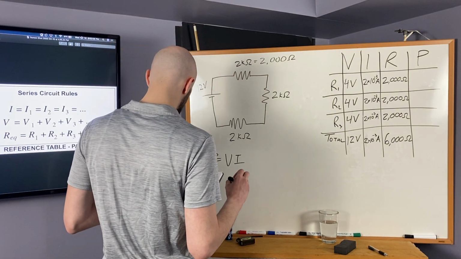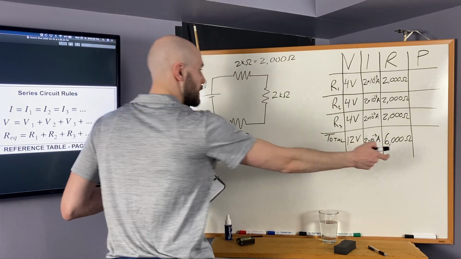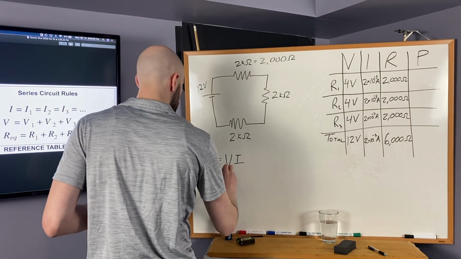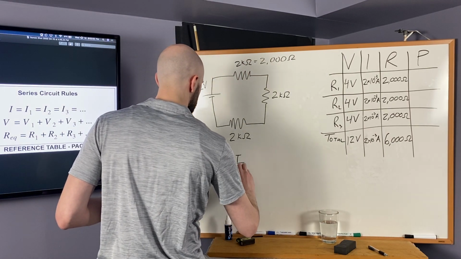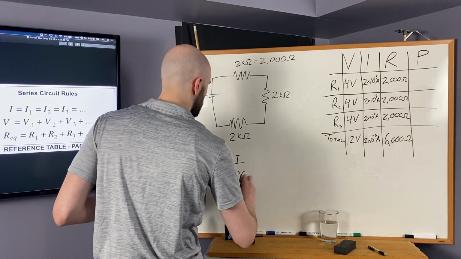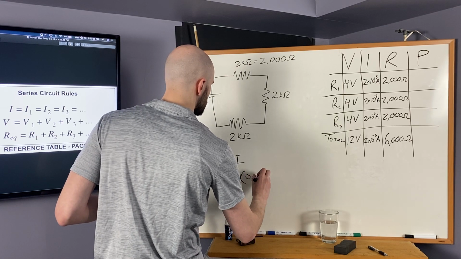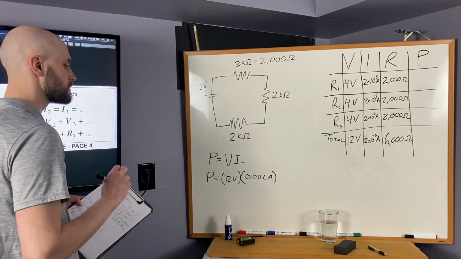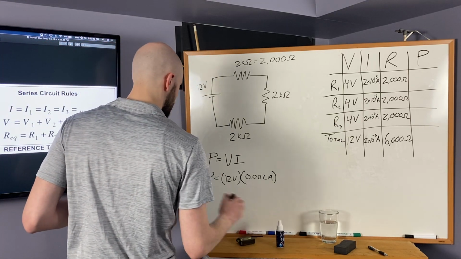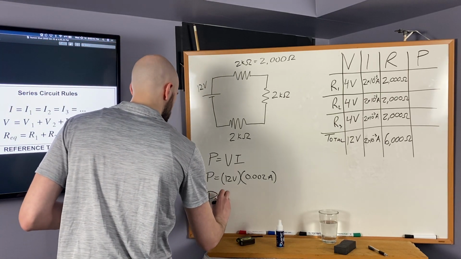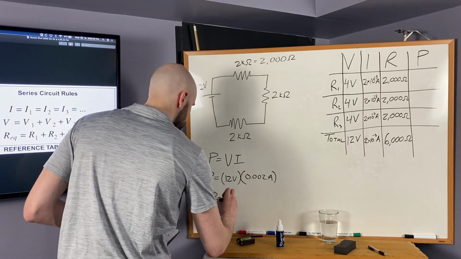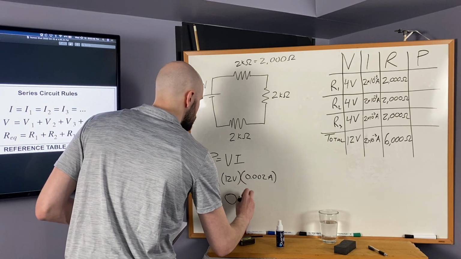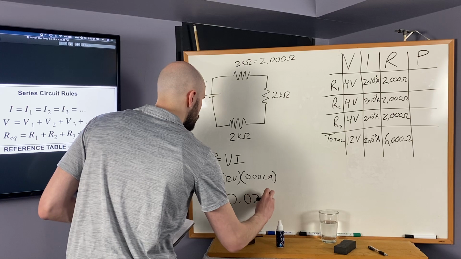So the total power dissipated will be the voltage multiplied by the current, 2 milliamps. And the correct answer here is 0.024.